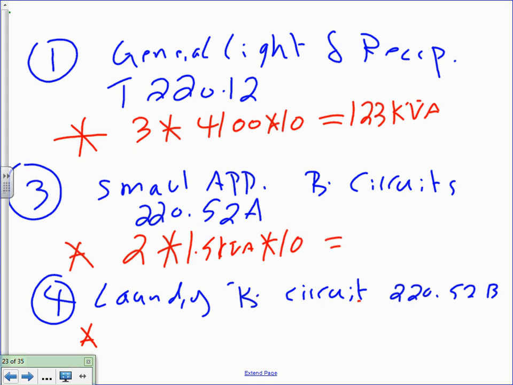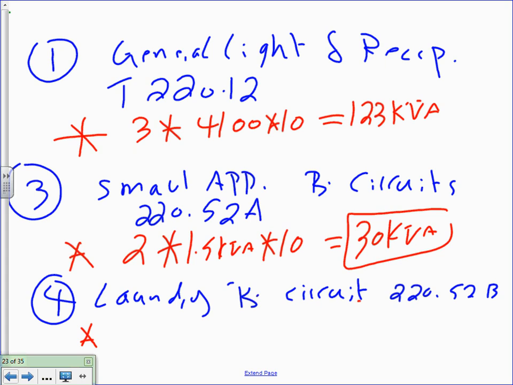So that will give me 30 kVA. Can somebody verify that this is 30? 1.5 times 2 times 10, 30 kVA, right? Why 2? 2 small appliance circuits for every apartment. Why 1.5? Each one of these small appliance circuits is 1500 volt-amps from 220.52. Why 10? Because I have 10 apartments. Can I have a thumbs up, Chad, before they understand? Now tomorrow, same calculation, different number of units.